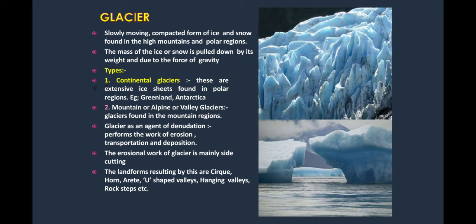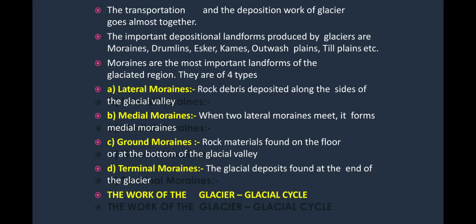The landforms resulting from this are cirque, horn, arete, U-shaped valleys, hanging valleys, rock steps, etc. Now the transportation and deposition work of a glacier go almost together. The important depositional landforms produced by glaciers are moraines, drumlins, esker.